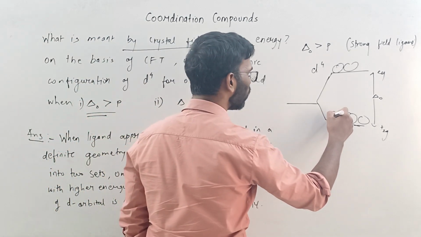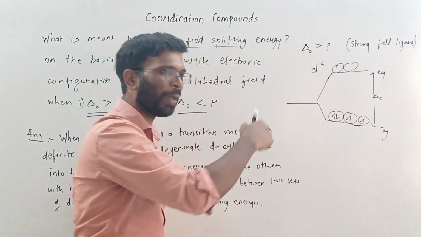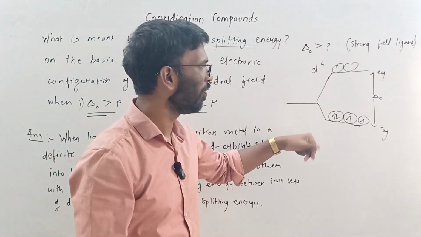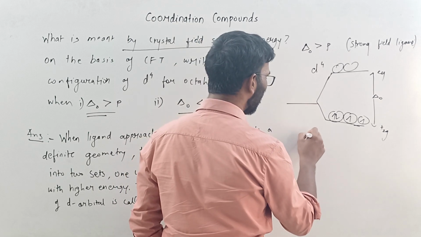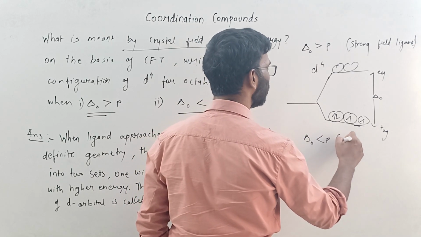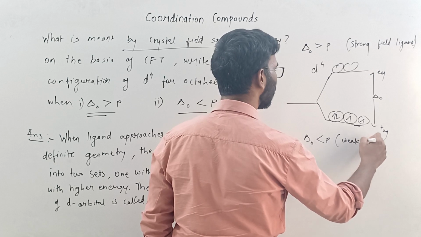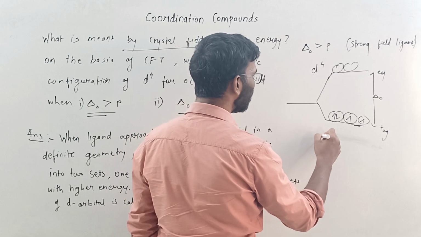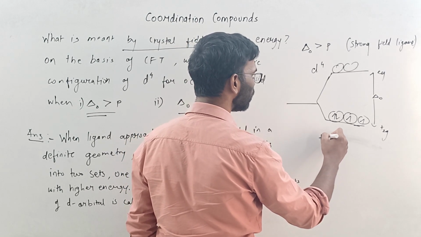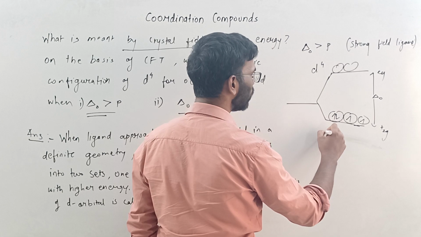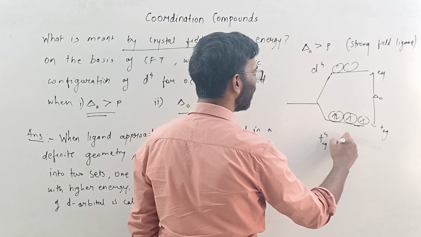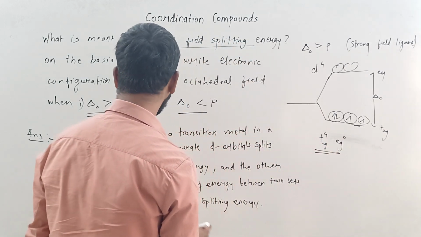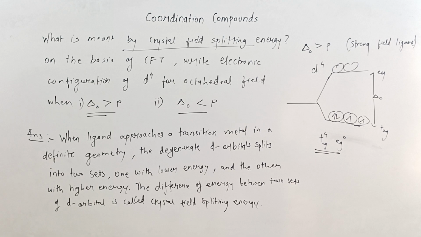Whatever 4 electrons are there, 1, 2, 3 and the 4th will pair up. That's why it is said that in strong field ligand pairing takes place, and in weak field ligand pairing doesn't take place. So the configuration is written as T2g4 and Eg0.